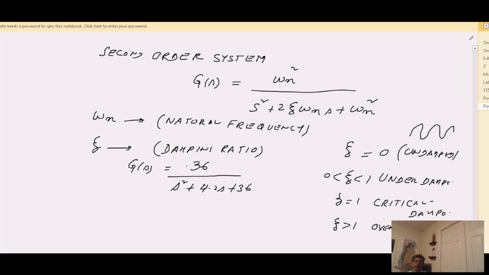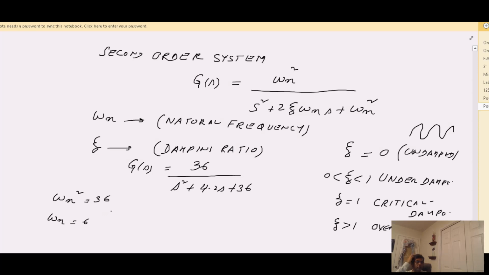Looking at this problem, you can compare it with the standard form of the equation, and with that you can conclude that omega n squared is really equal to 36, right? So if you take the square root of that, you will get omega n is equal to 6.